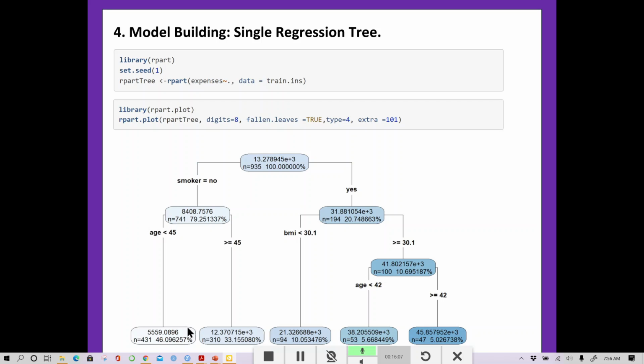Well, it's no surprise that they seem to cost less in medical expenses than smokers, that is, those who are smoker equals yes, and whose BMIs are greater than 30.1, and age greater than 42, in which case you have a higher predicted medical expense.